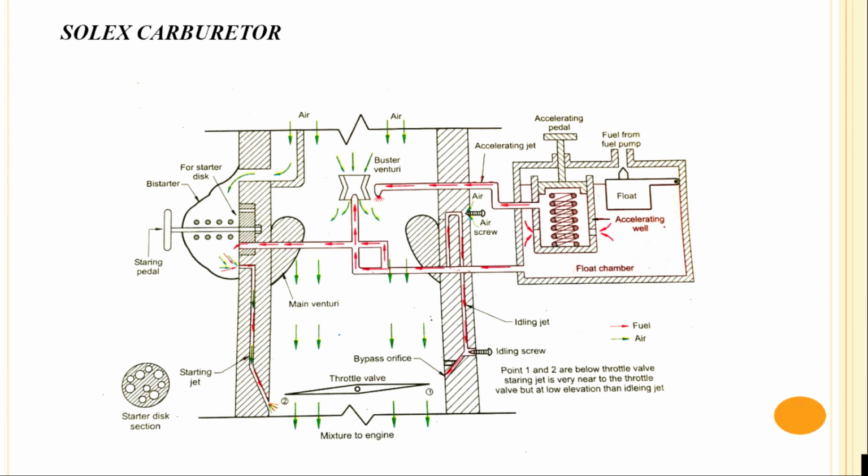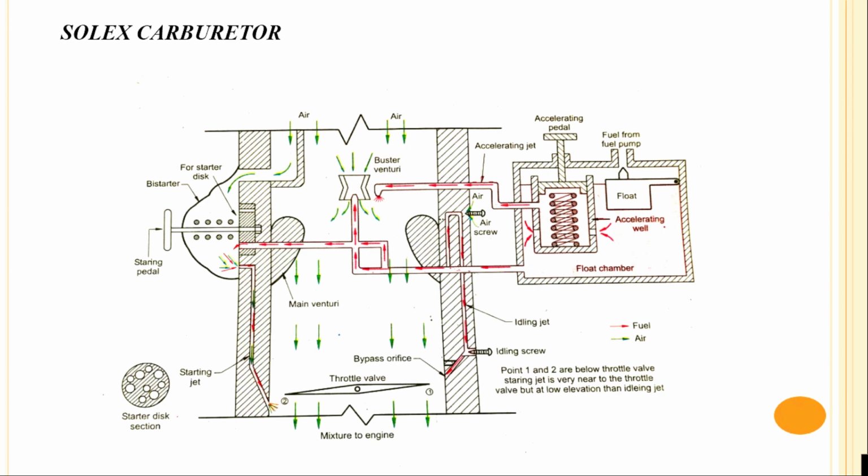The mass flow rate of fuel or air depends on cross-sectional area, density and pressure difference. In the Solex carburetor, fuel and air supply vary as the pressure difference changes with engine speed. So this carburetor is also known as constant choke carburetor or constant Venturi type carburetor.